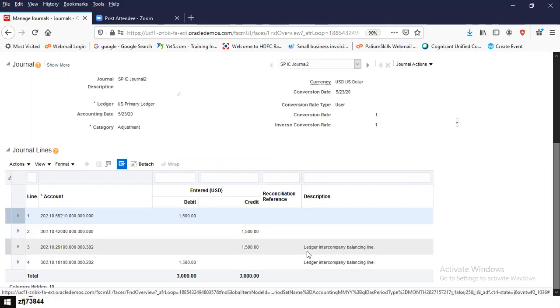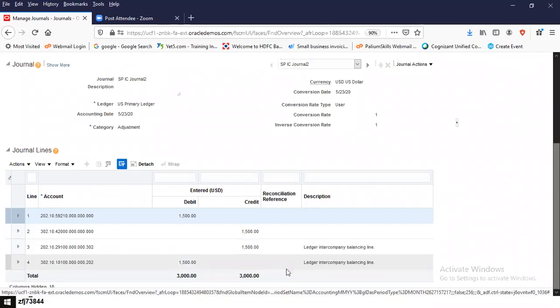In the first example, we had one company which was equal to the legal entity 101. In this case, both companies are different. We are not talking about 101 at all. We are talking about, I think, Argentina and Sweden, two different entities. But since it is against a particular ledger, the US primary ledger, the system has generated the corresponding intercompany account.